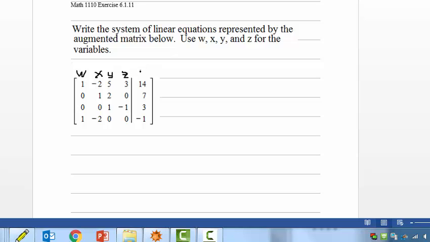And then finally, on the right of the dividing line are the constants. So that line actually goes in the place of the equal signs, and on the right of the vertical dividing line are the constants of the equation as they appear on the opposite side of the equals from the coefficients.